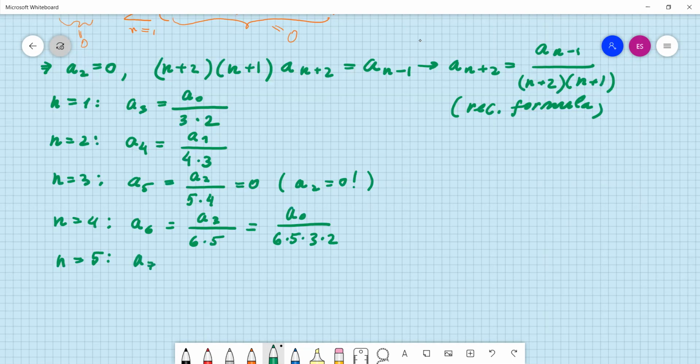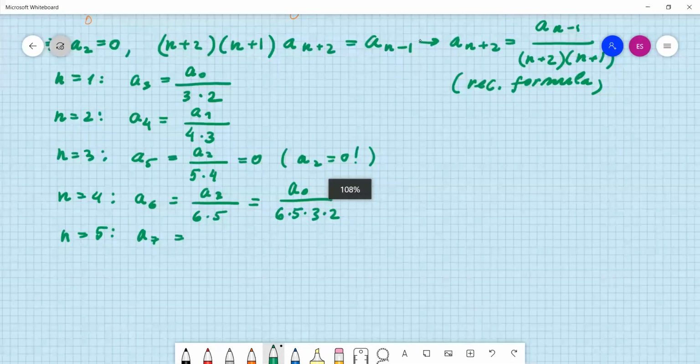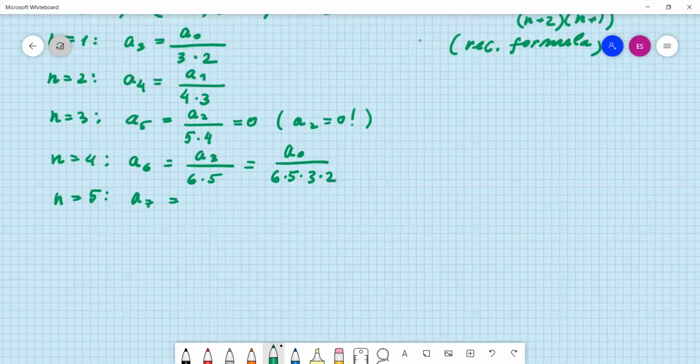By the way, there is no function describing this series, like exponential. That's just a series by itself as a function. So a4 divided over 7 by 6. And because we already know a4 is a1 over 4 and 3, we are going to have a1 over 7, 6, 4, and 3. Looks like 5 is missing, right?